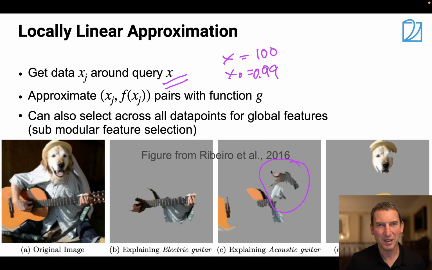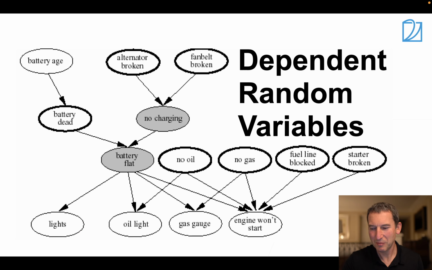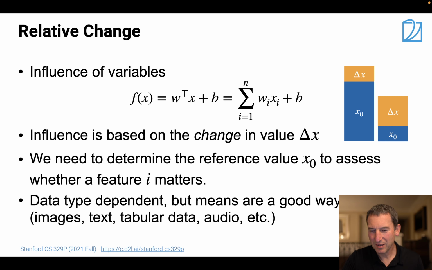And before we dive into more details about which explanation exactly to pick, I want to give you a brief primer on dependent random variables and how they actually come into play here with feature explanation.